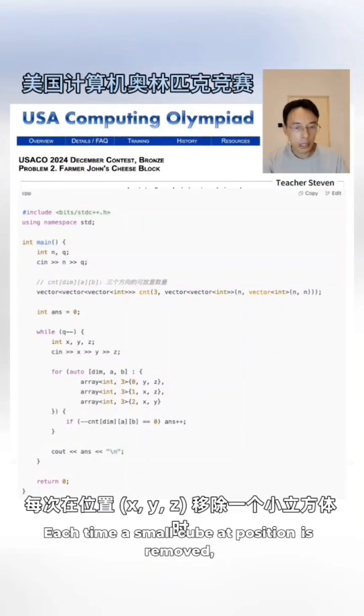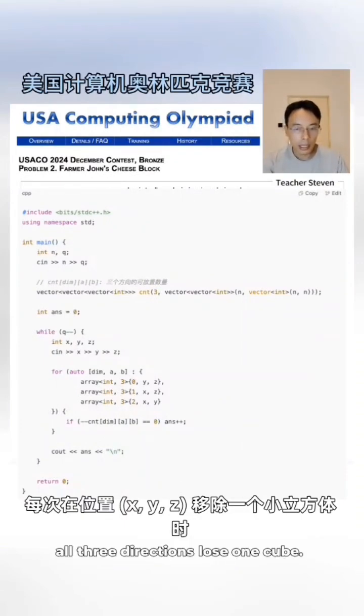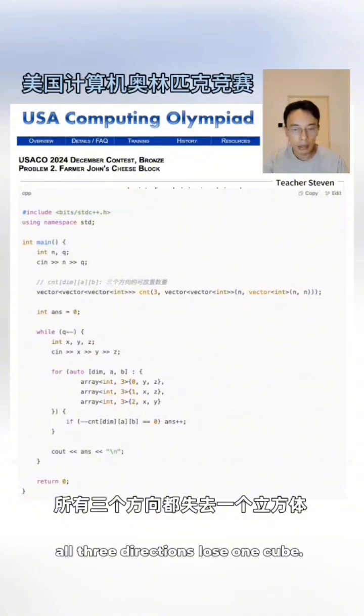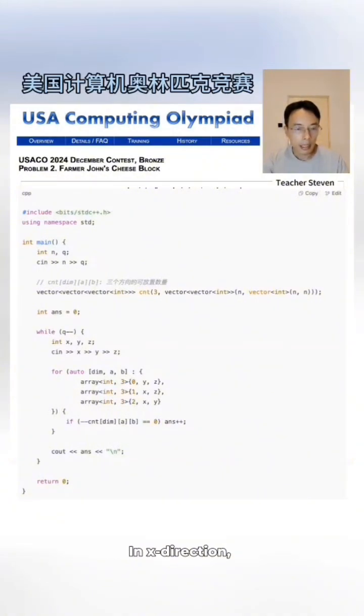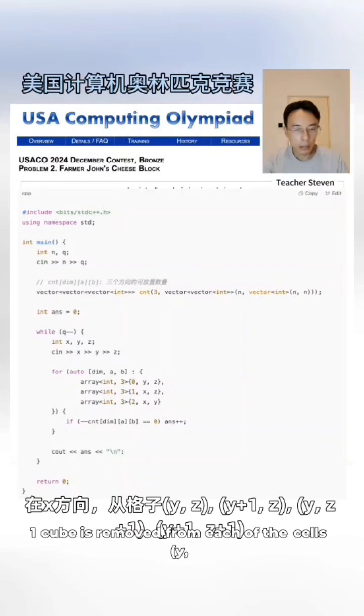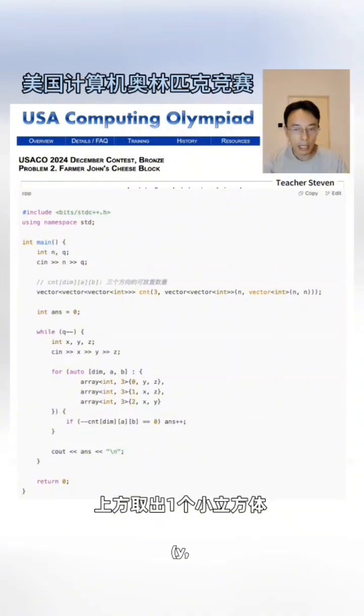Each time a small cube at position x, y, z is removed, all three directions, x, y, and z, lose 1 cube. In the x direction, 1 cube is removed from each of the cells y, z; y plus 1, z; y, z plus 1; y plus 1, z plus 1.